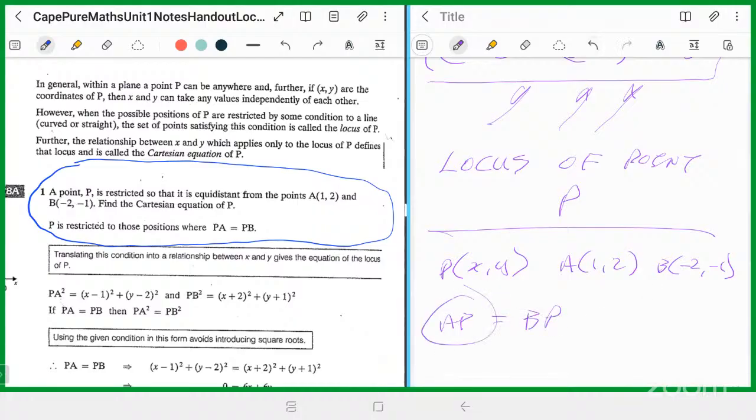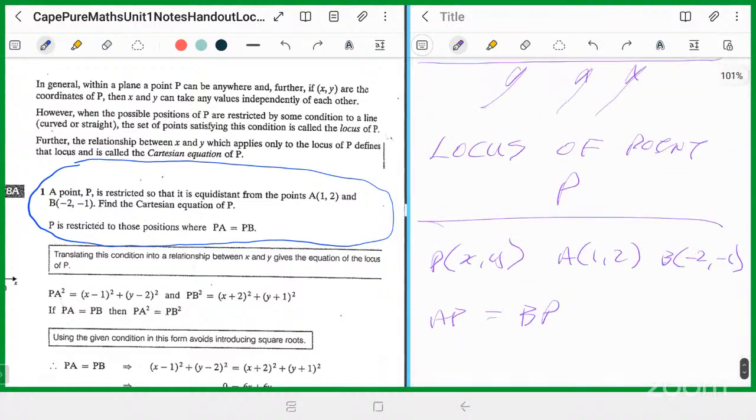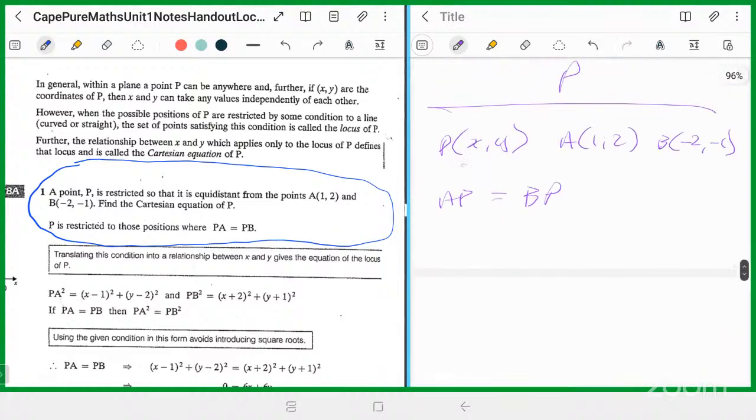What's the expression for the distance AP? The distance between these 2 points is the square root of this x value minus this x value squared, that's (x minus 1) squared, plus this y value minus this y value squared, (y minus 2) squared. That's the distance AP.